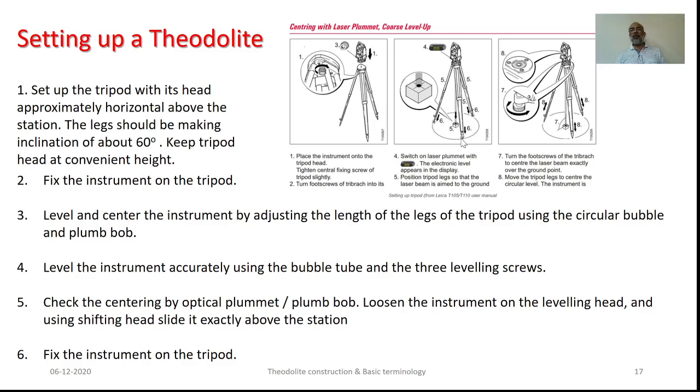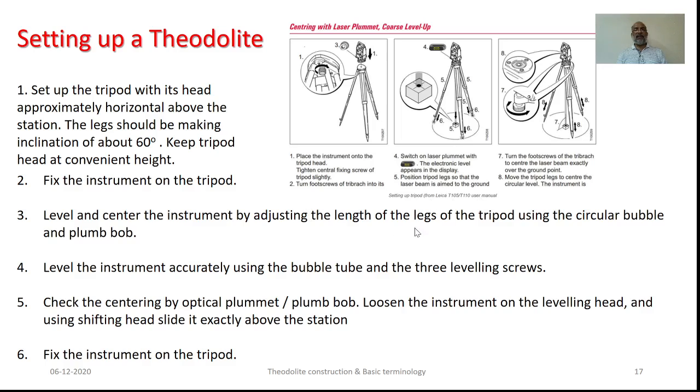One thing to note as far as the theodolite is concerned: we have to have the equipment leveled as well as centered, and this has to be done simultaneously. As one tries to level the equipment, centering will be disturbed. As one tries to center the equipment, leveling will be disturbed. Hence, both operations should be done hand in hand, simultaneously, yet very accurately, in order to produce correct results.